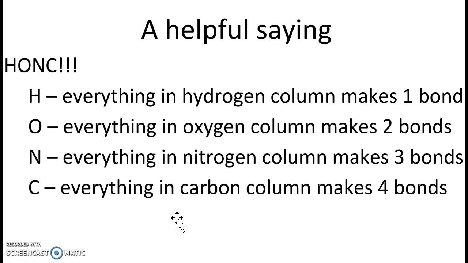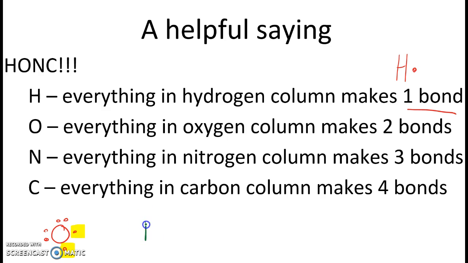Here's a helpful saying, HONC. What this means is hydrogen has one valence electron, one unpaired electron, so everything in the hydrogen column will be able to make one bond. Oxygen has 6 valence electrons, so everything in the oxygen column will be able to form two bonds. We can see that oxygen has 2 unpaired electrons.